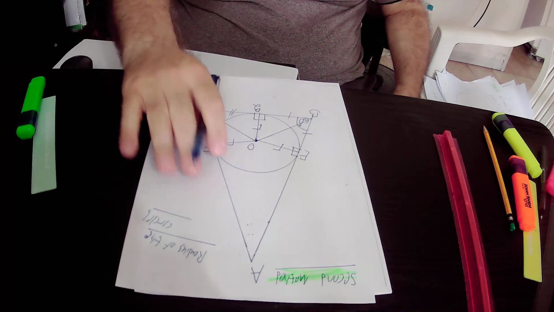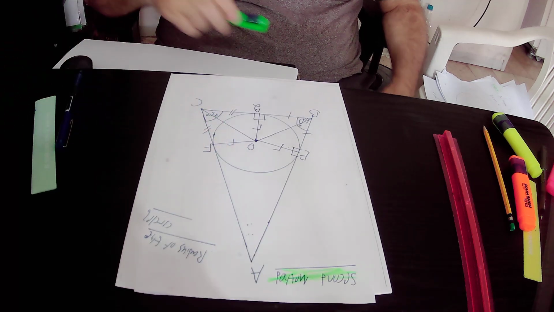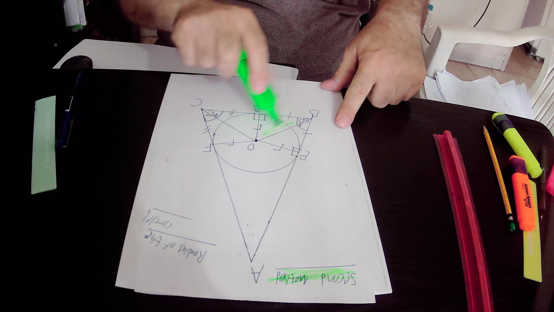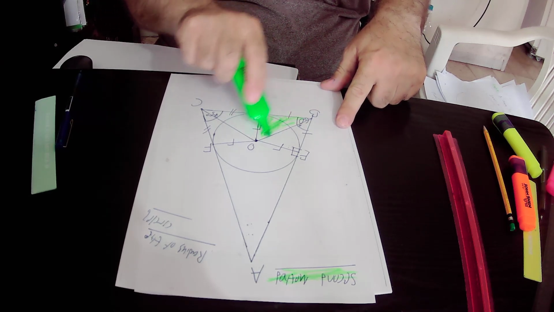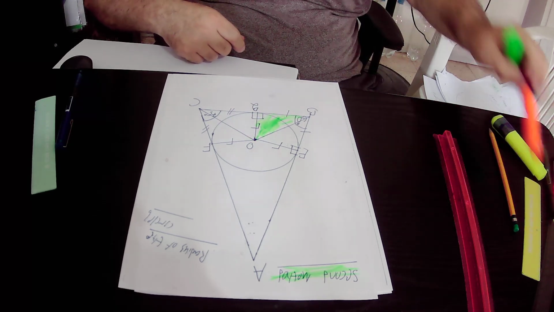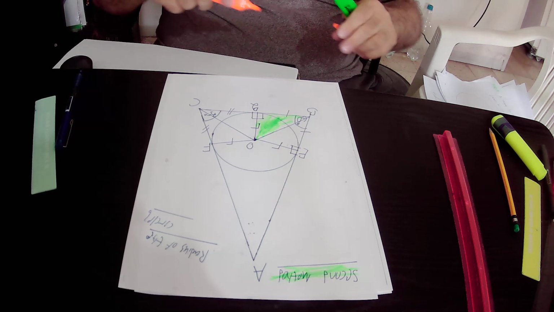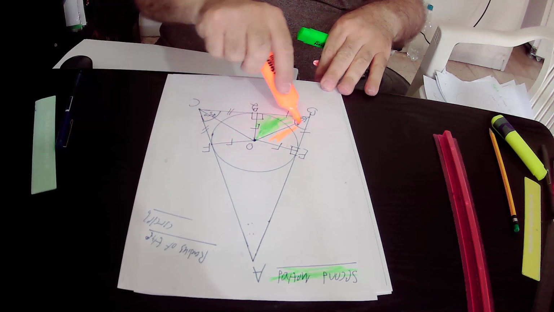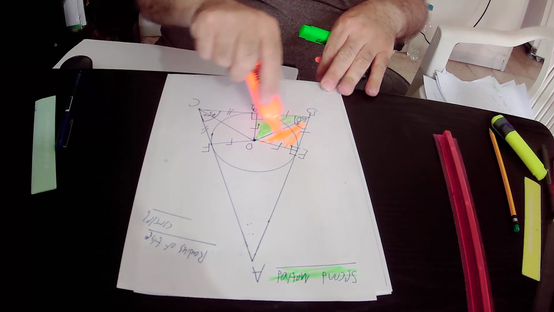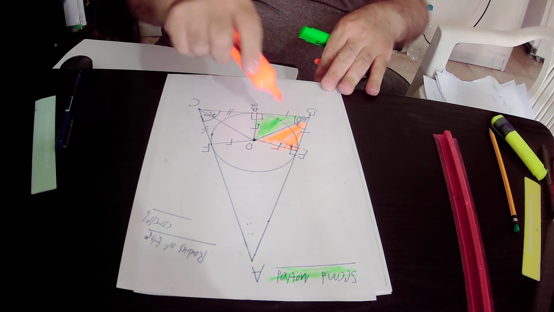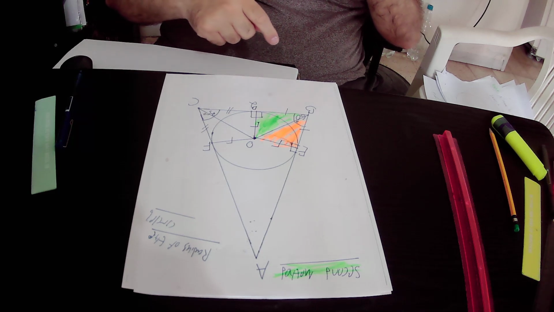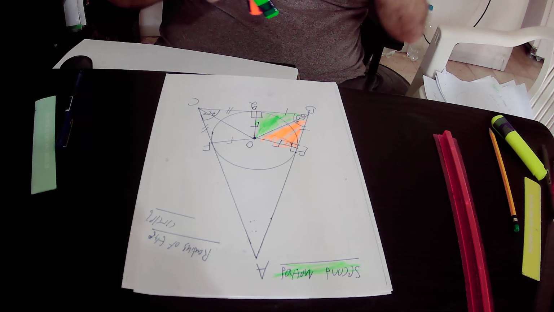So, in the next step, we'll prove that the green triangle, triangle OBD, is congruent to the orange triangle, triangle EBO, and they're congruent to each other according to side rule.